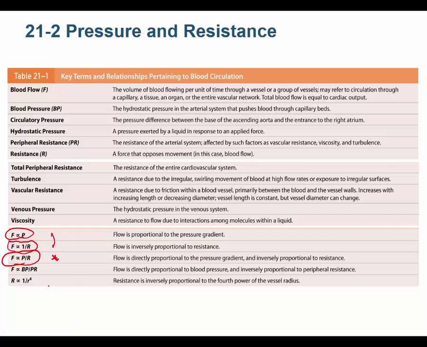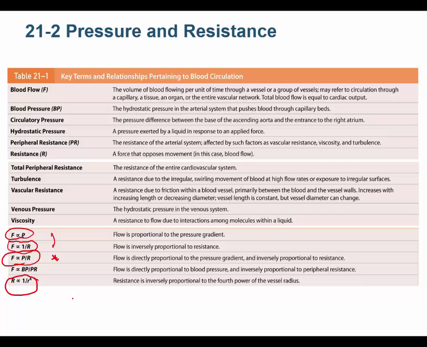All right, now this formula right here is important, although the radius raised to the 4th power is not that important. That's a physical phenomenon, but I don't need you to memorize r to the 4th power. But here's what I do need you to remember. The radius does affect the resistance.